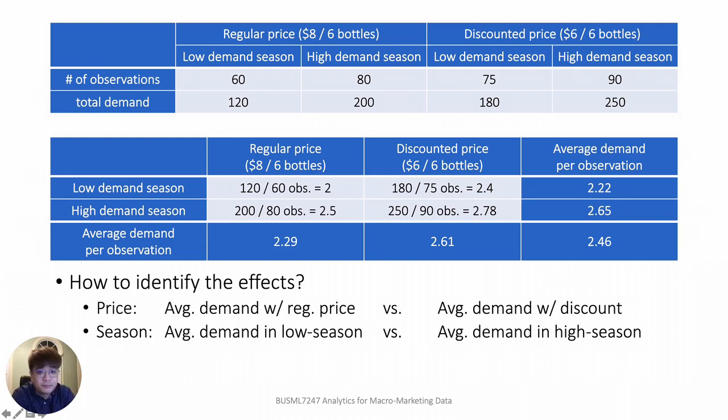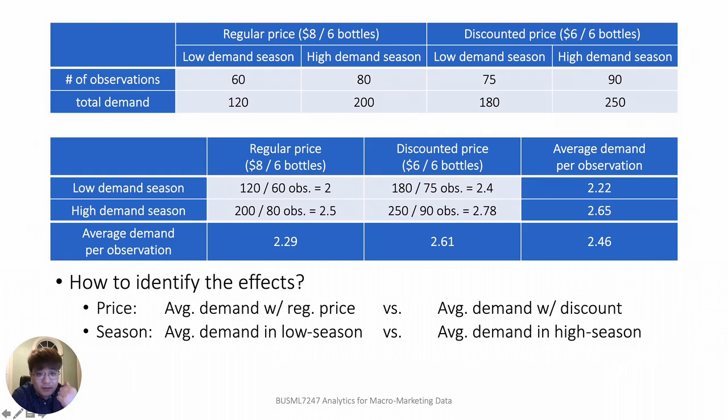Simply each column. For each price level, an enough number of cases were observed in each season. 60 of regular price in low demand season, 80 of regular price in high demand season, and 75 of discounted price in low demand season, and 90 of discounted price in high demand season.